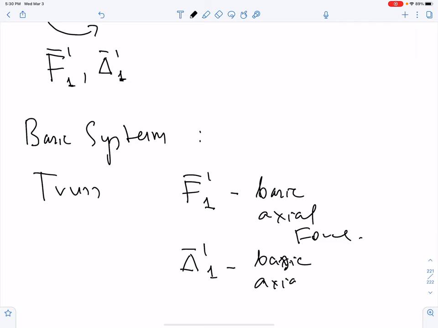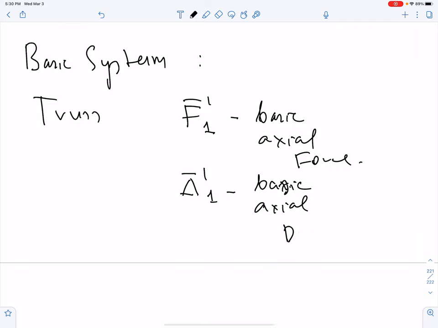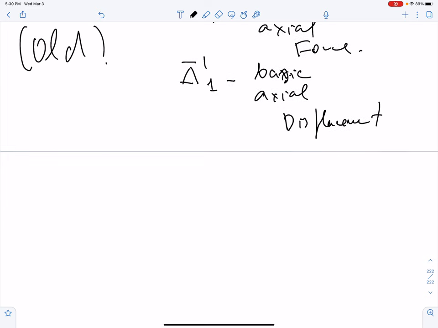Truss, this is what we studied, old. Now, beam column, you think of it as a truss plus bending action.